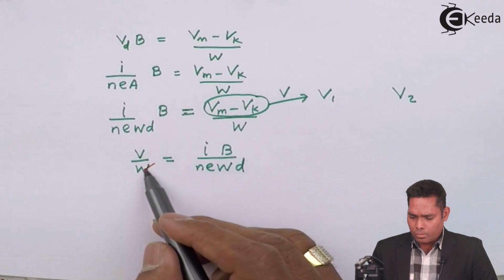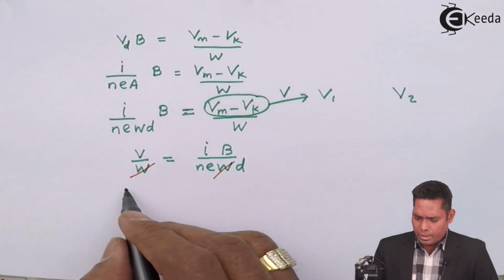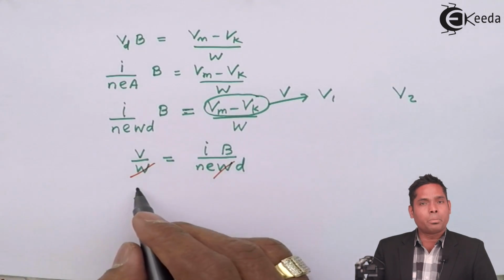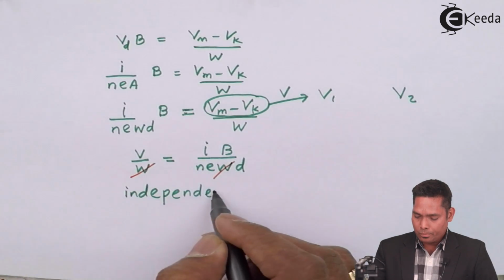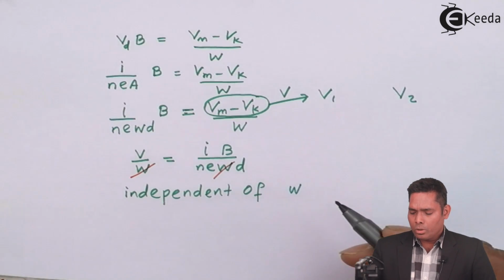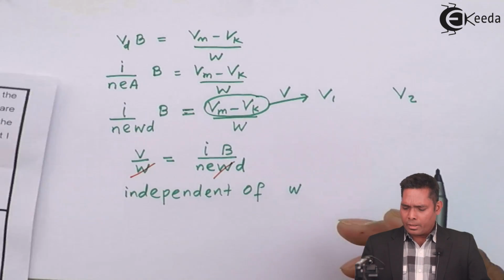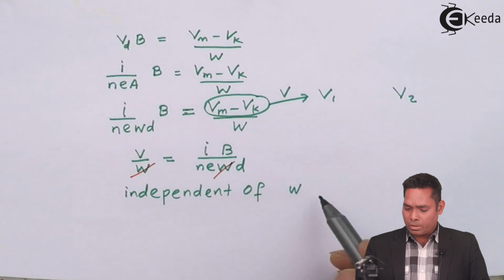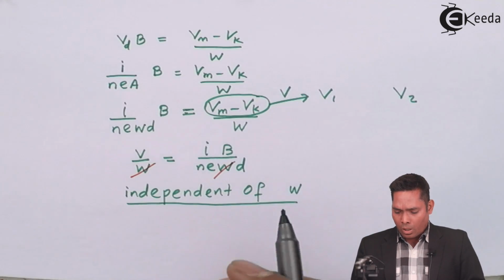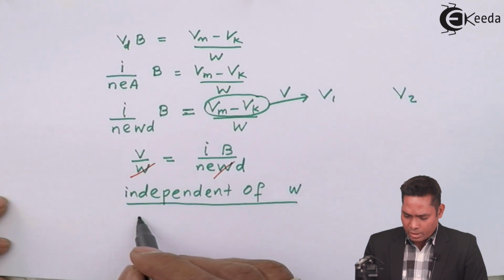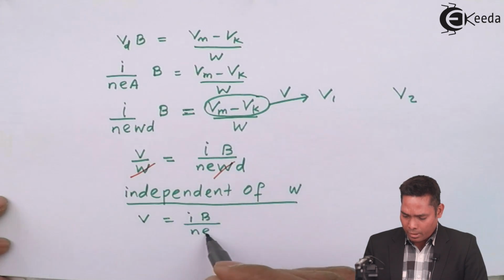So you can cancel W. So firstly we come to the conclusion that this expression is independent of W. So in the second case, whether the width is same or different, that doesn't influence the relation because this expression is independent of W. Now the relation that is coming out is V equals IB divided by NED.